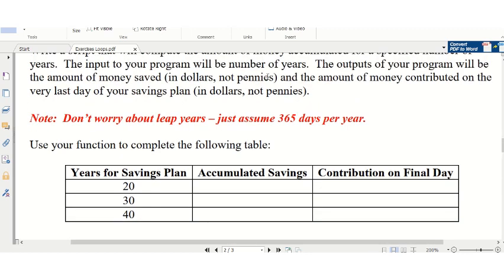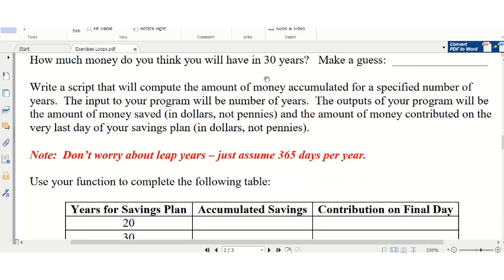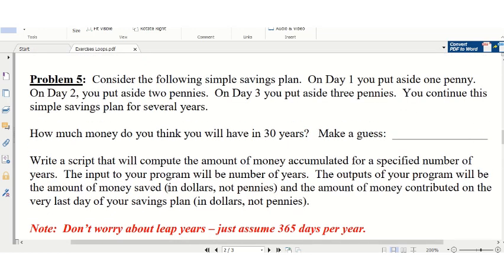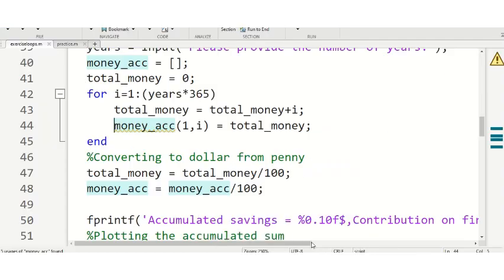The problem is given in pennies, but you are asked to find it in dollars. So that's why you convert them into dollars, dividing by 100. Total accumulated divided by 100.